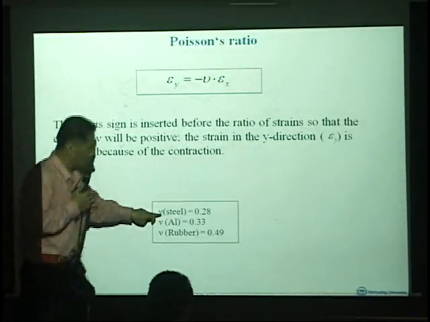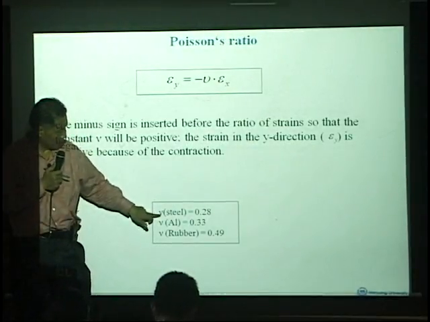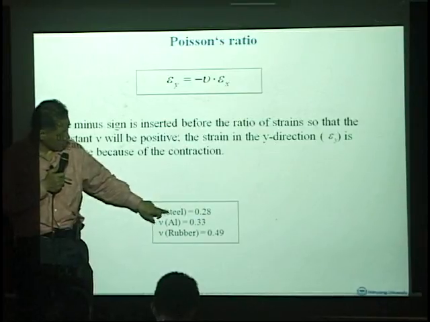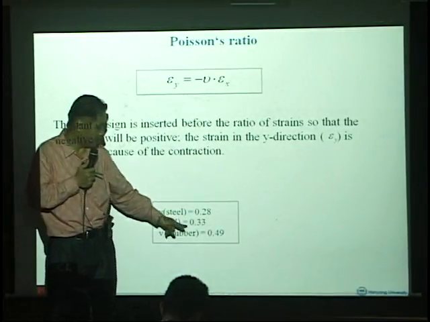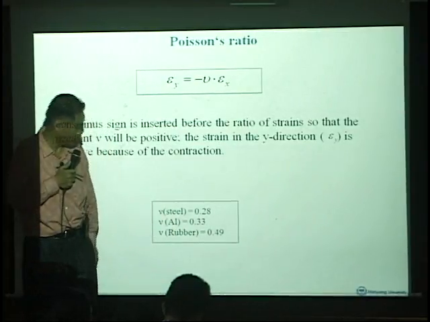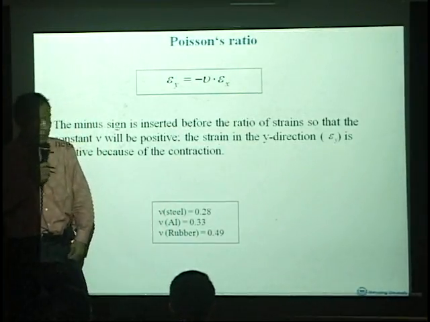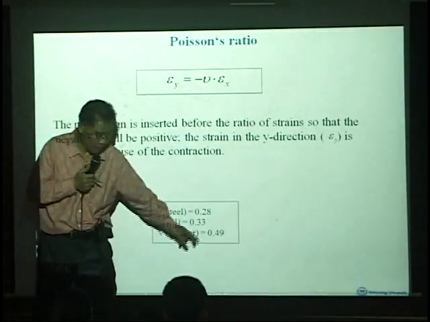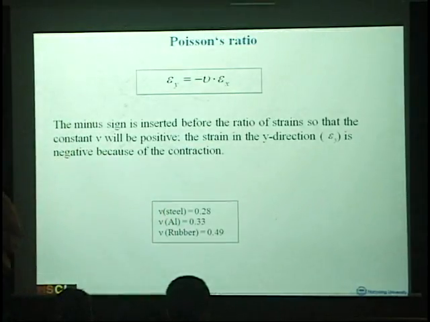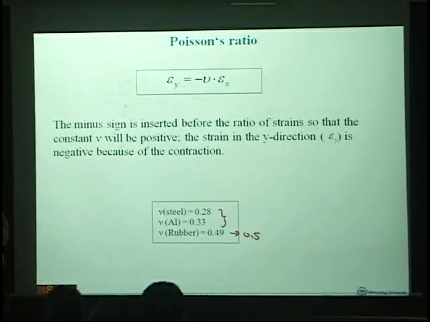Now, how about the material property for real materials? For steel, the Poisson's ratio is 0.28, aluminum is about 0.33, and rubber is 0.45, very close to 0.5.